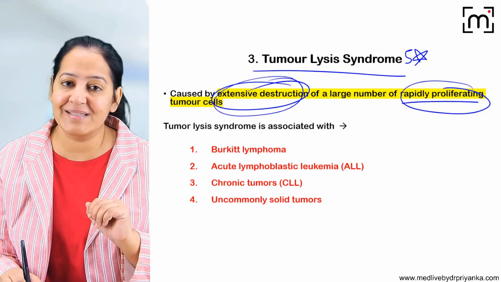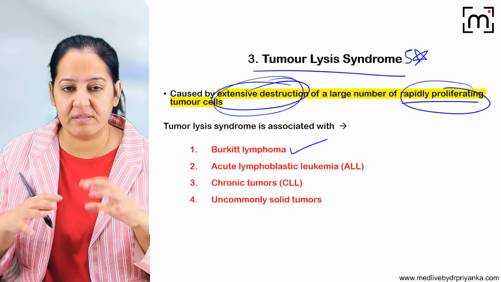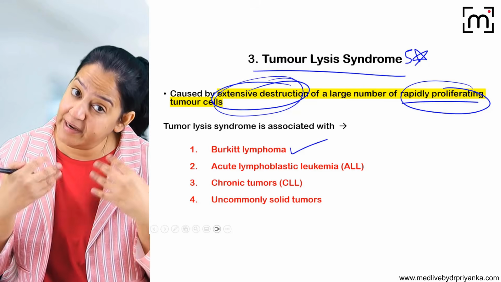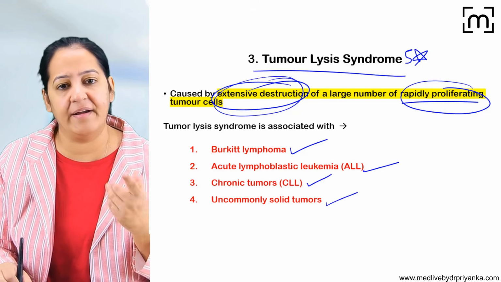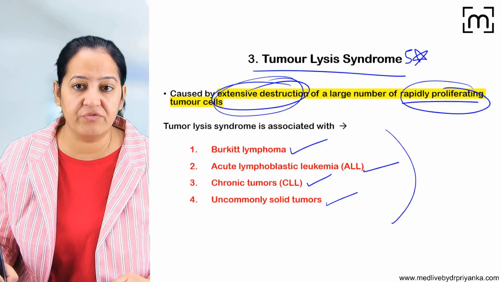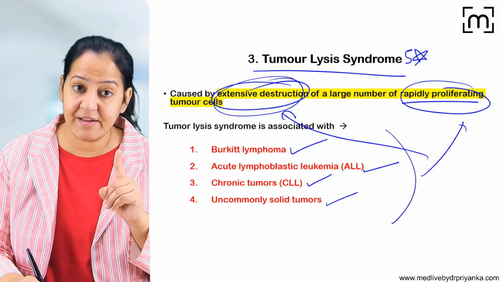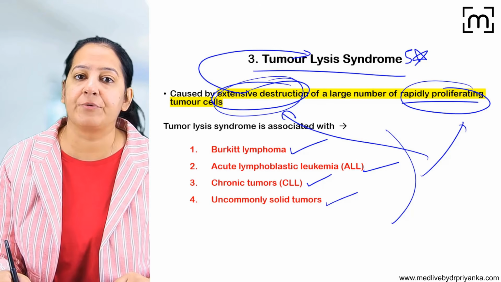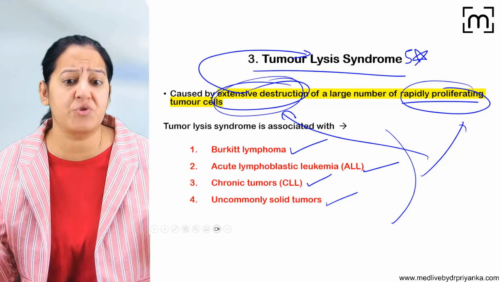Tell me a few examples of such cancers. For example, Burkitt lymphoma. The cells are rapidly dividing and rapidly destroyed also. ALL, CLL, and uncommon solid tumors. In all of them, the cells are rapidly dividing as well as rapidly destroyed. Since the cells are rapidly destroyed, it leads to tumor lysis syndrome. Tumor lysis syndrome occurs only in those cancers in which cells are rapidly destroyed.